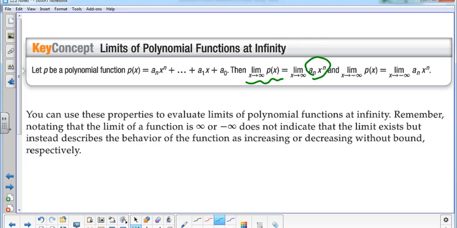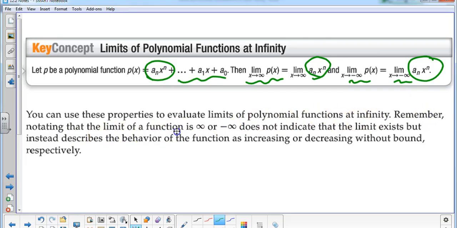and this is saying you only need to look at the highest degree. See what we talked about before, no matter what else this garbage is, it's the limit of that highest degree. You don't have to look at all the other stuff. And it says if you're going for negative infinity, it's still the left end behavior of that highest degree. So you could use these to evaluate limits of polynomial functions at infinity.